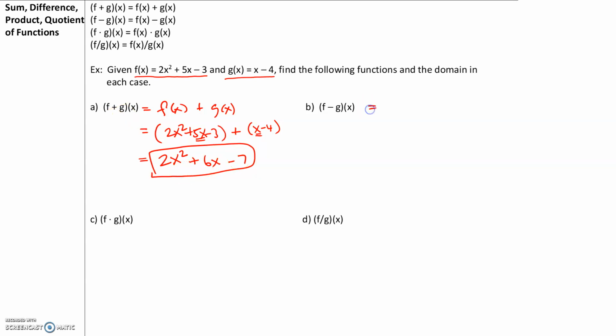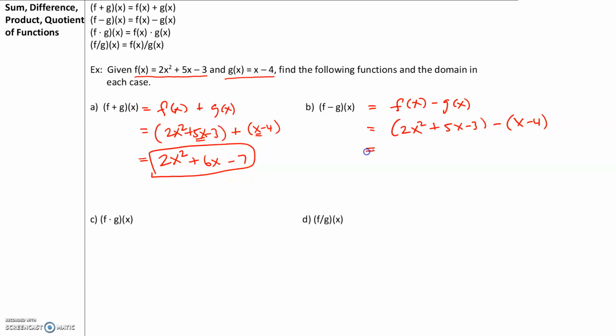f minus g of x, by definition, is going to be f of x minus g of x. So f of x is equal to 2x squared plus 5x minus 3, minus g of x, which is x minus 4. Now, if you're adding two functions, you can just combine like terms.